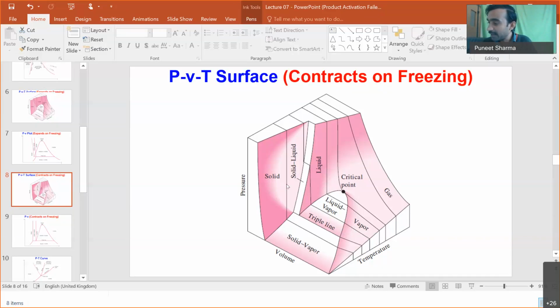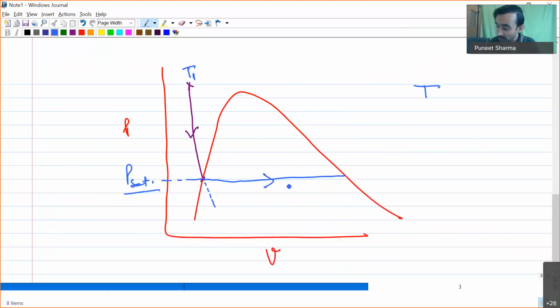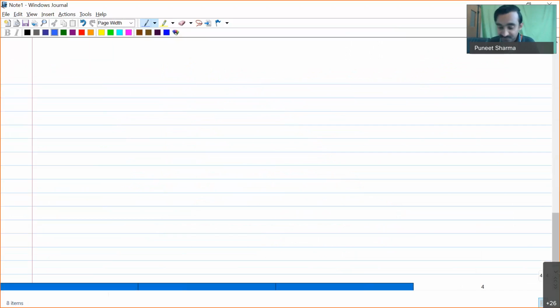So while we are having water molecules, we are having a bond between the oxygen and hydrogen atoms. Okay. In case of liquids, molecules are close enough, but still they are not so close and their locations are not fixed.